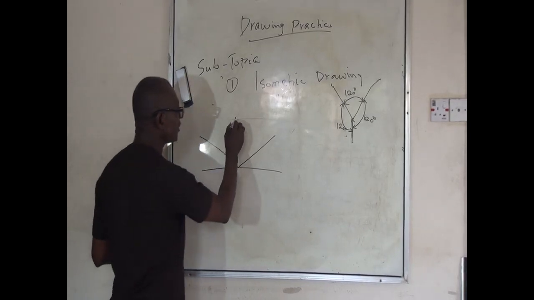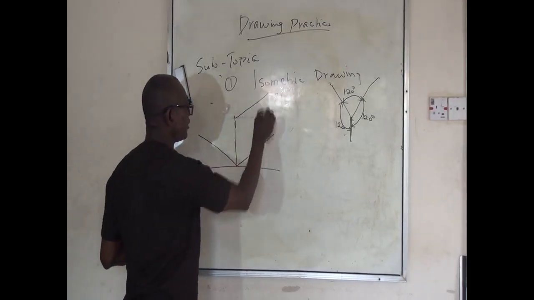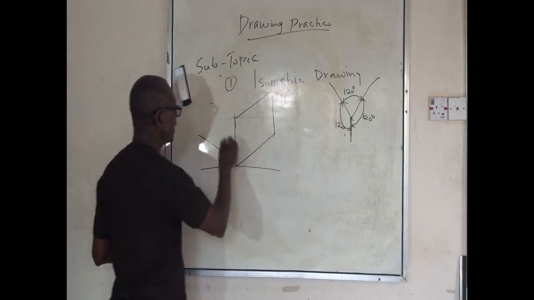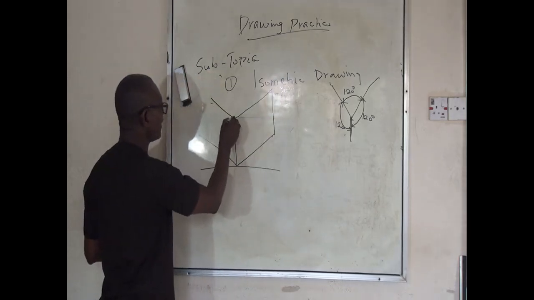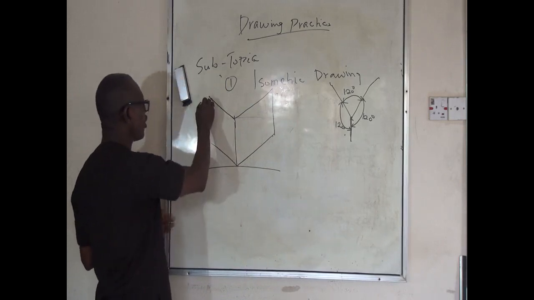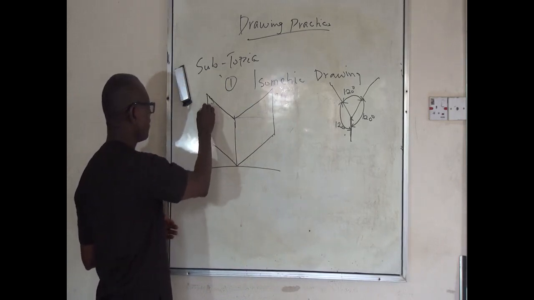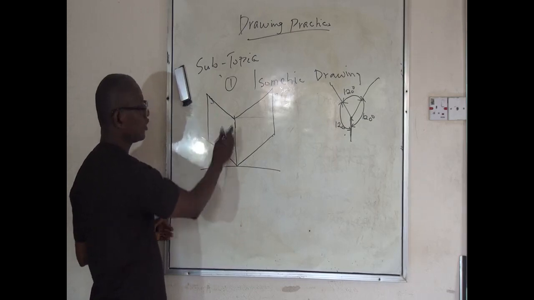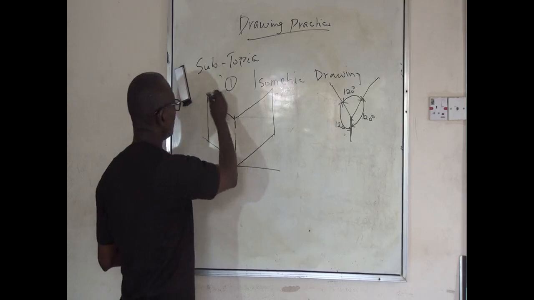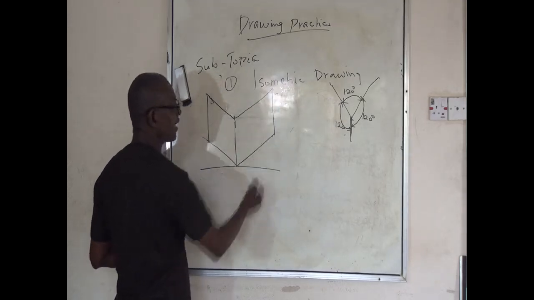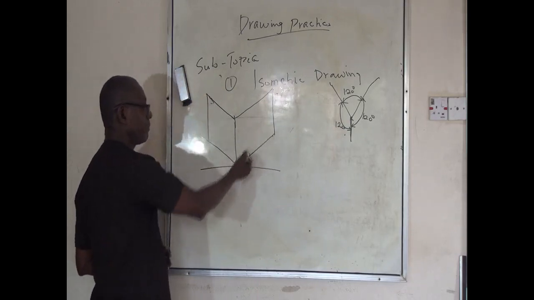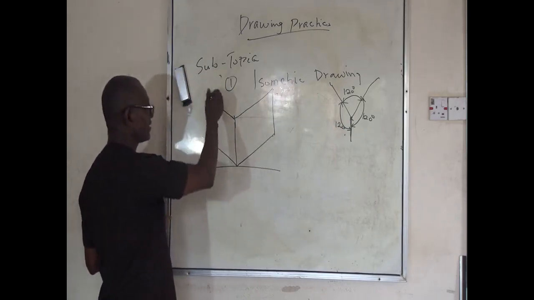You make a line parallel to this other side, and then you make another line parallel to the receding line, and then you draw another vertical line which is also parallel to the vertical axis, and then another vertical on this other side, parallel to the vertical axis.